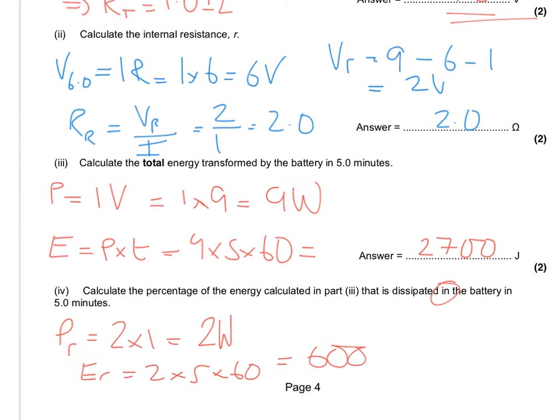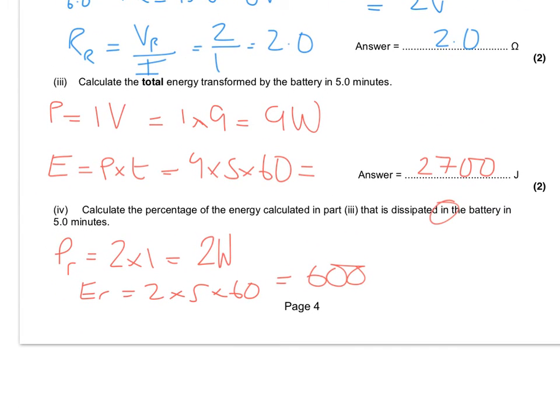So we need that as a fraction of the whole. So the percentage is going to be 600 divided by 2700, which is the total, times 100, and that gives you an answer of 0.22 times 100, which gives you 22%.